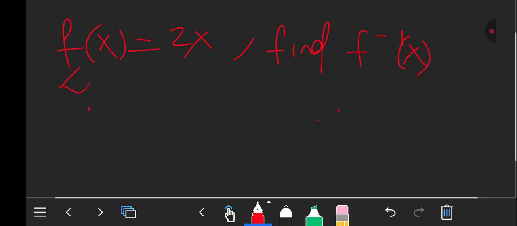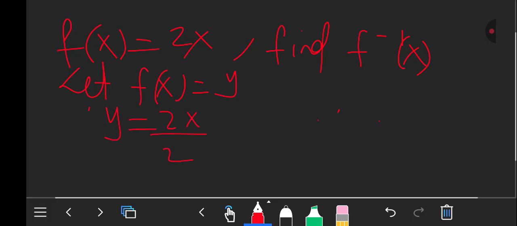Okay? Let's look at another example. Let's say I have f of x is equal to 2x. Find f inverse of x. So I'll say let f of x be equal to y. Then y is equal to 2x, right?